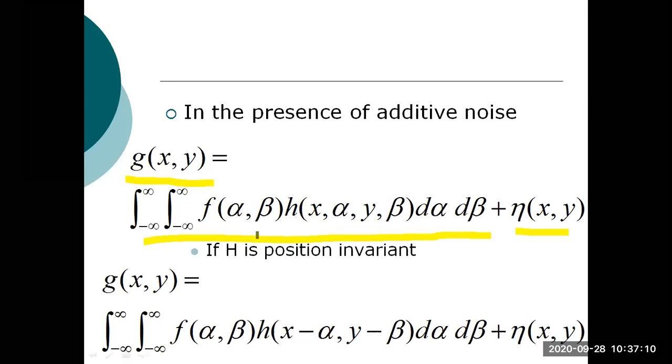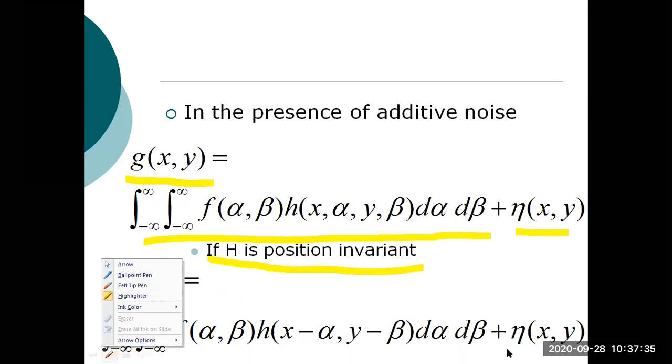Okay, next. Now if h is position invariant, what happens? This h of x comma alpha comma y comma beta is the same as previously, so we can write the same function.